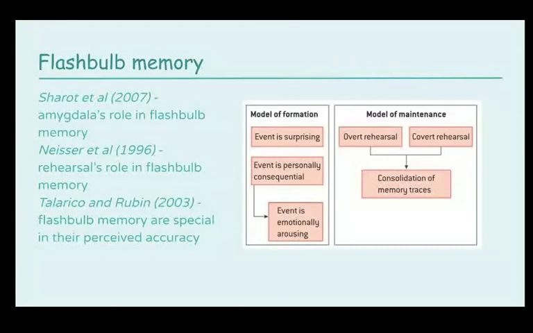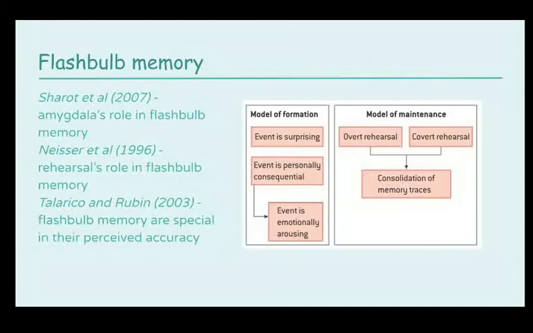Meanwhile, Talarico and Rubin in 2003 investigated the longitudinal accuracy of these kinds of memories, and they found out that just like normal memories, flashbulb memories actually deteriorate, and their accuracy also decreases.